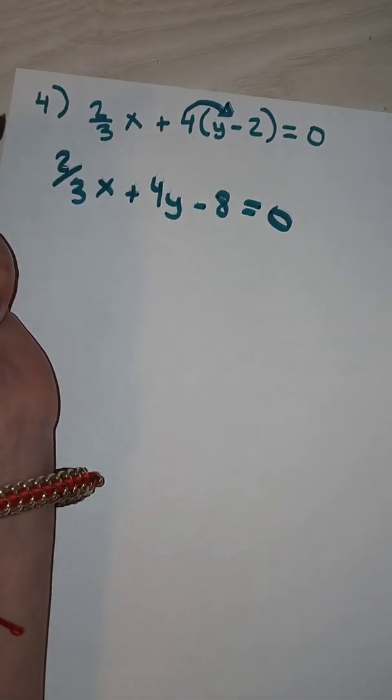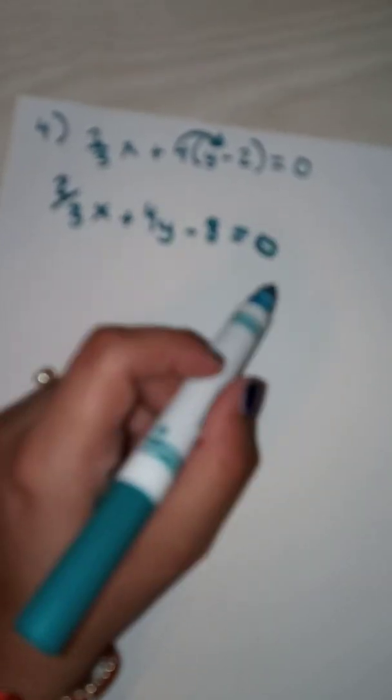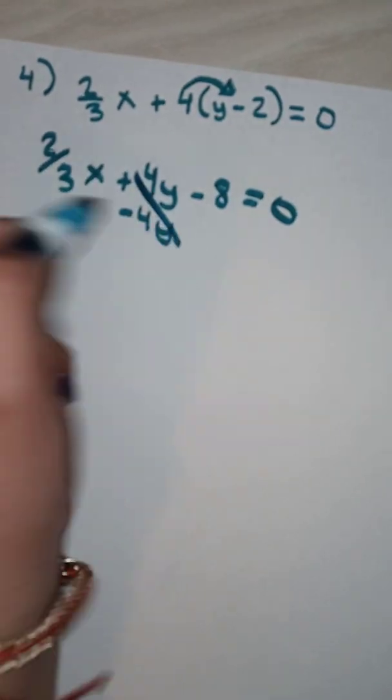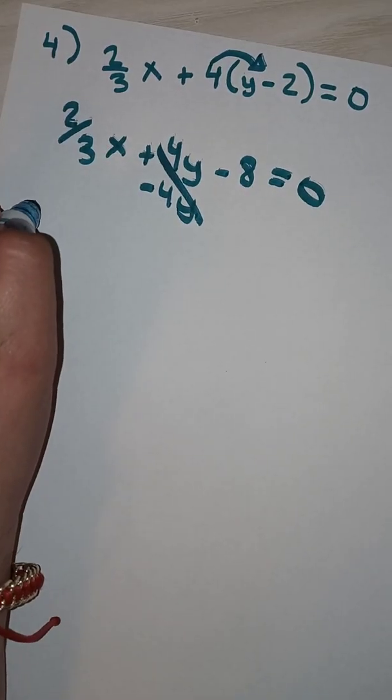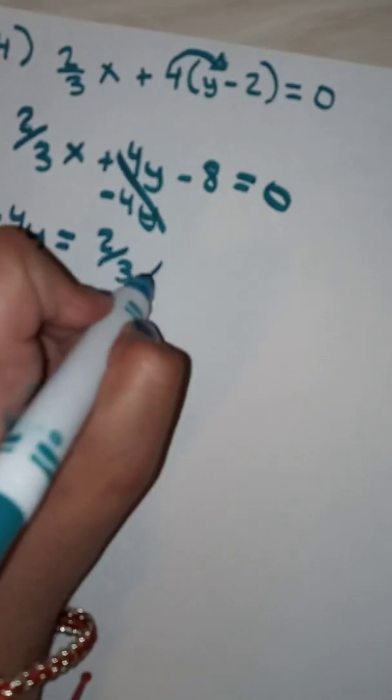What else can we do? Remember, we're trying to isolate the y on one side, x on the other side. So we can move the 4y to the other side by subtracting 4y. Now we have negative 4y is equal to 2/3 x minus 8.